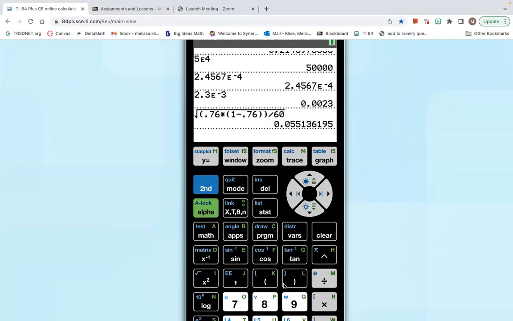I did the parentheses after the 60. Square root. Yeah, these calculators can be your best friend or your worst enemy. Okay, I got it. You got it? Yeah, I got it.